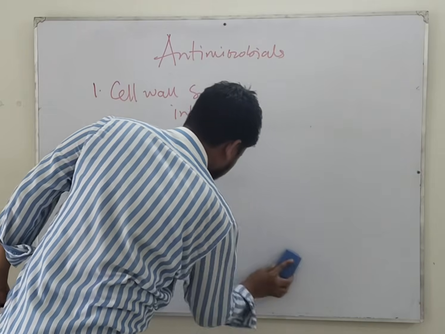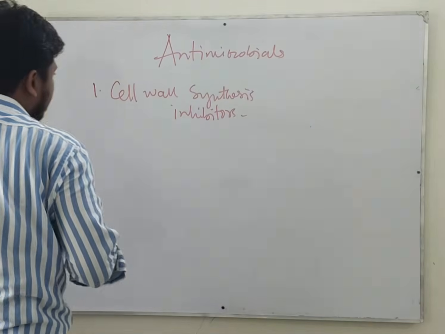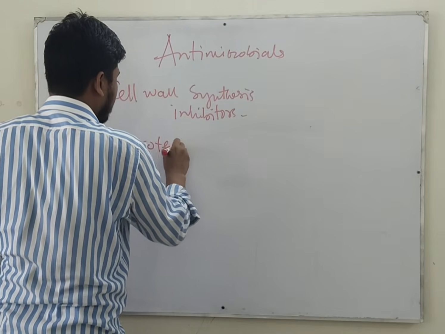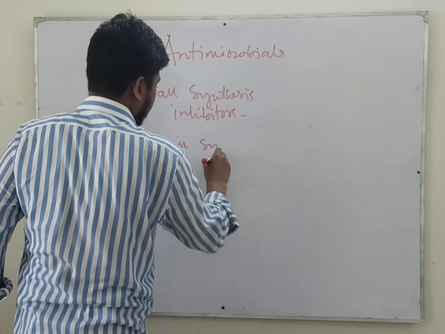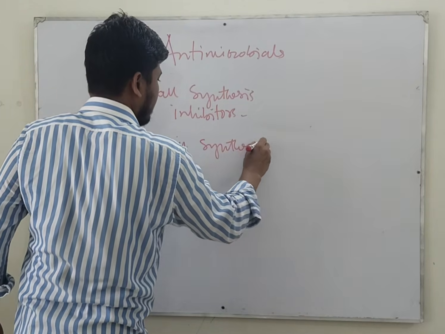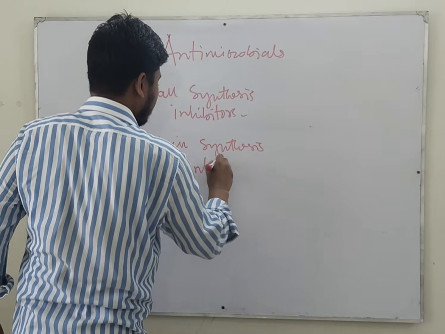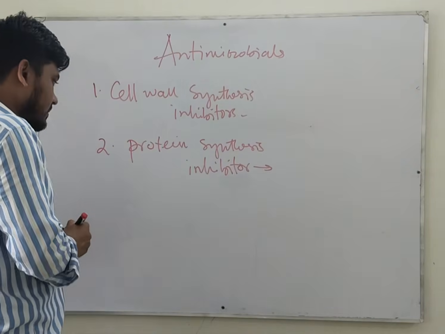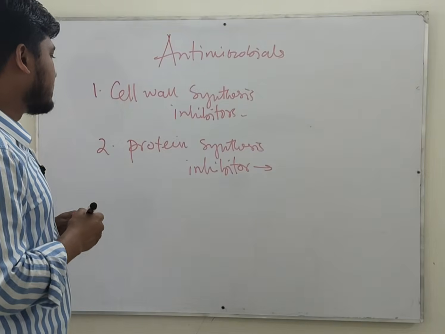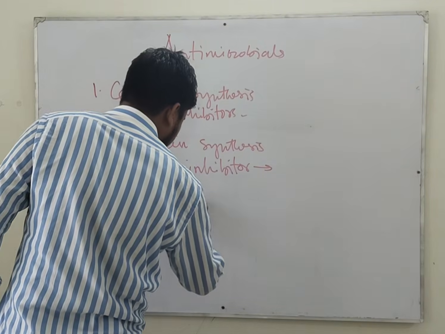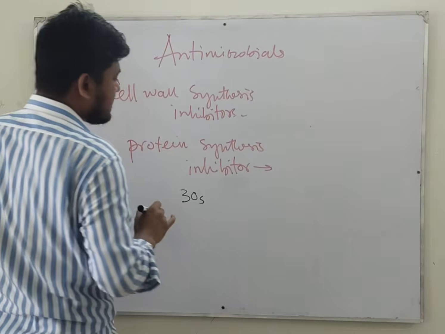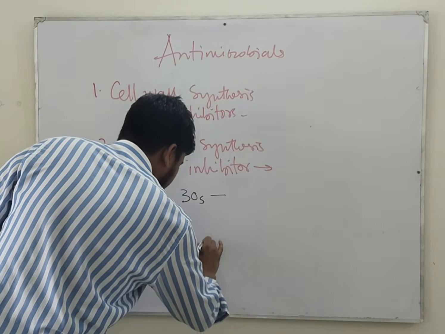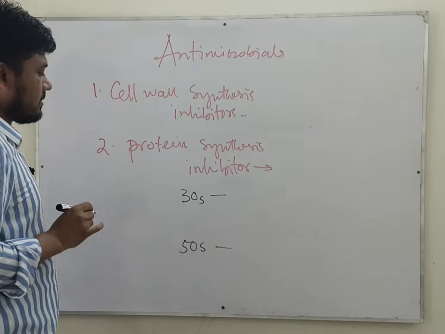Then come to number 2, protein synthesis inhibitors. Some protein synthesis inhibitors act on the 30S ribosomal subunit and some act on the 50S ribosomal subunit.